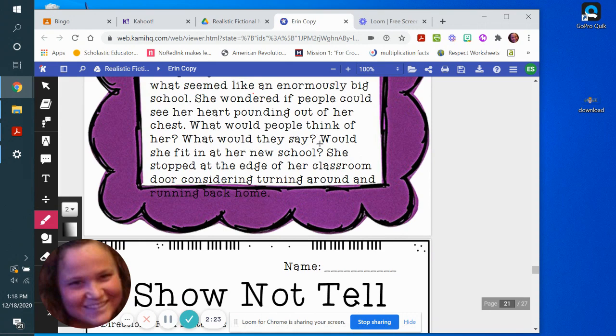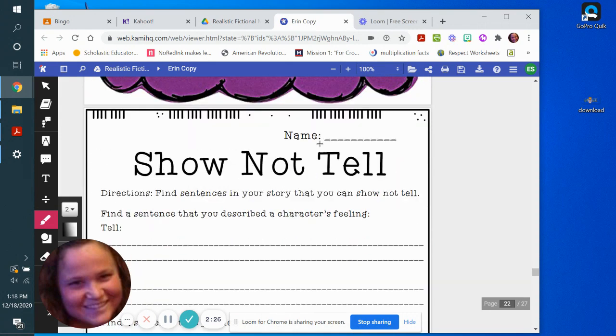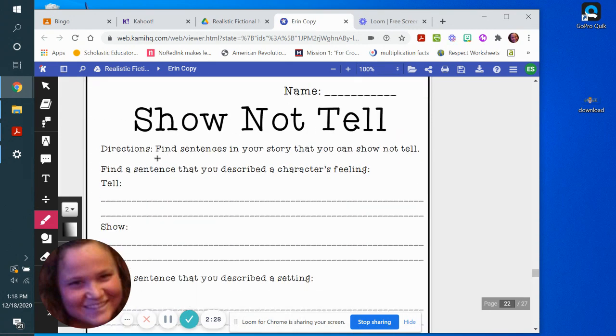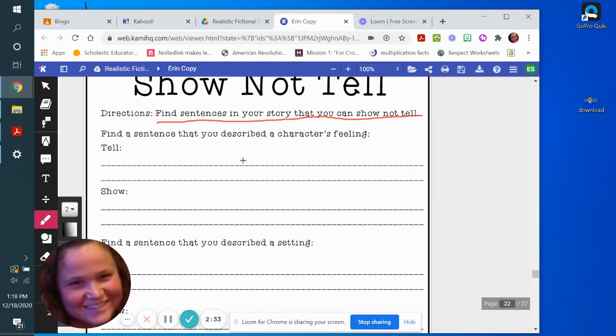So we're going to practice today a little bit with your essay that you wrote. It says, find a sentence in your story that can show, not tell. So I want you to go back and find a sentence that describes the character's feeling. Feelings are nervous, scared, happy, sad. When you actually said, Cameron was sad, or Bobby was nervous, or Peter was upset, instead of telling, I want you to show.